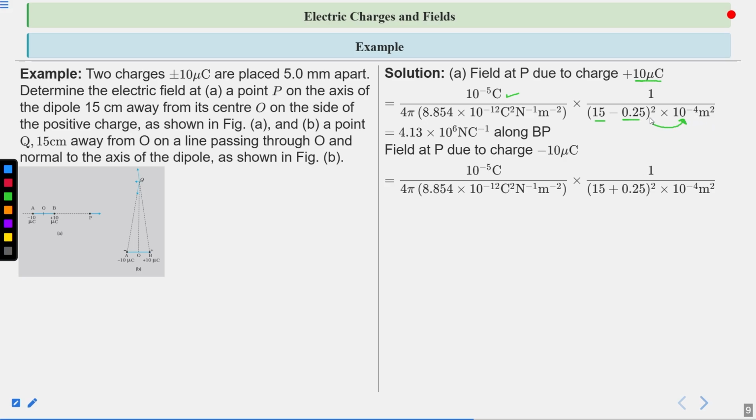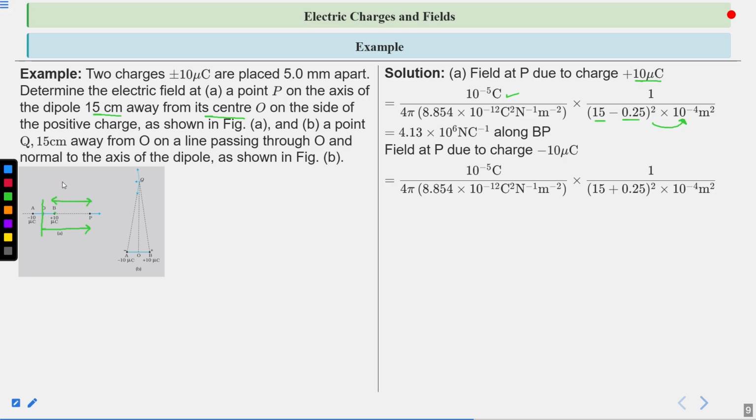It is given in this question that the point is 15 centimeter away from the center O. From the charge at B to point P, what will be the distance?